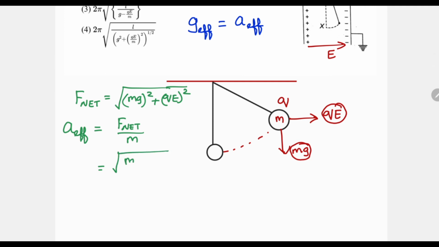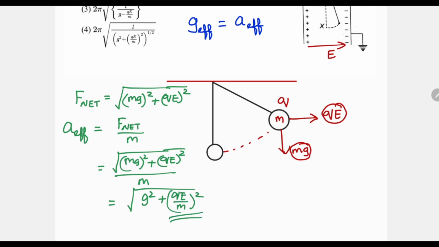Root of (mg) the whole square plus (qE) the whole square, divided by m, which is equal to root of g square plus (qE by m) the whole square.